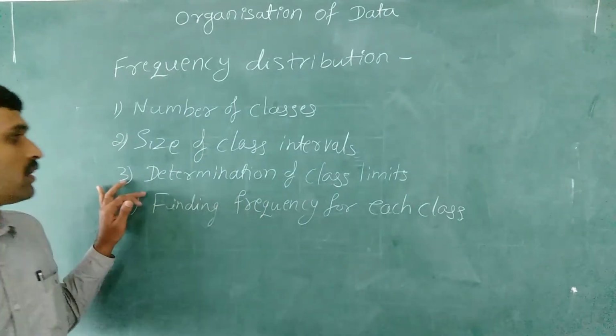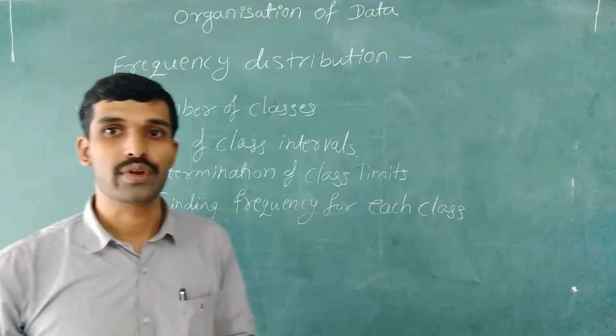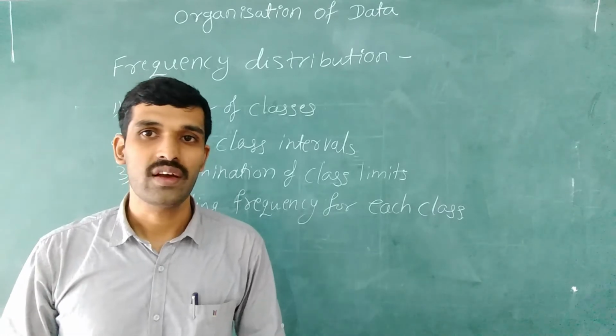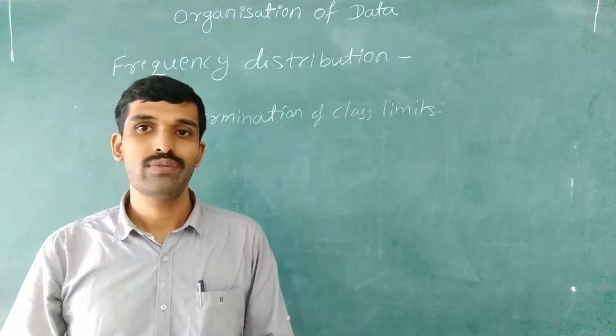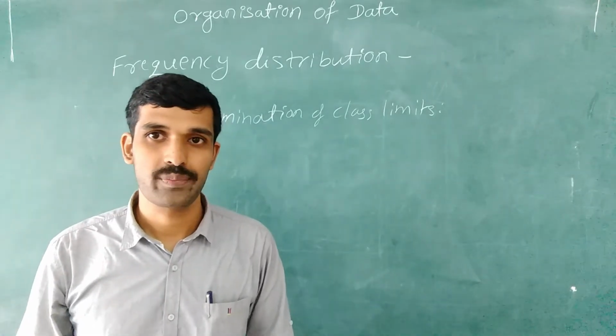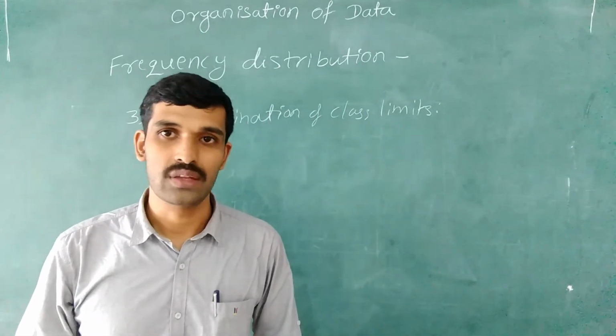Next one is determination of class limit. How should we determine the class limit? When we add the class interval to the lower class limit, we get the upper class limit.